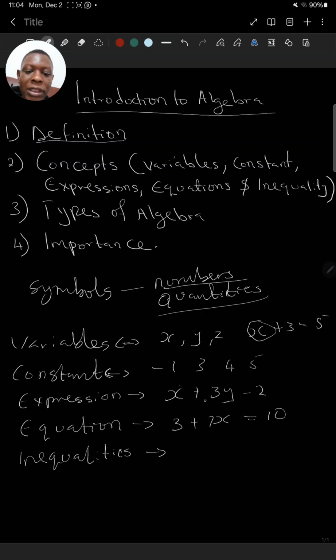And it is represented with symbols such as less than, greater than, less than or equal to, greater than or equal to. Okay, so these are key concepts in algebra.